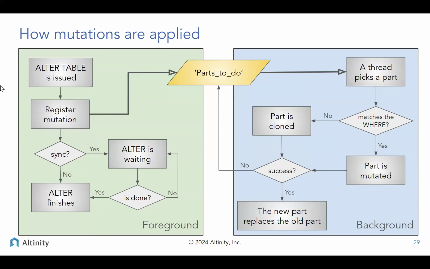If you didn't ask it to wait around, there's a sync option, the alter will just enqueue it and it happens in the background. Otherwise, the alter will wait until it's finished. ClickHouse in the background has some threads looking for parts that need to be rewritten, and they will in due time process these writes, and eventually your mutation will be done.